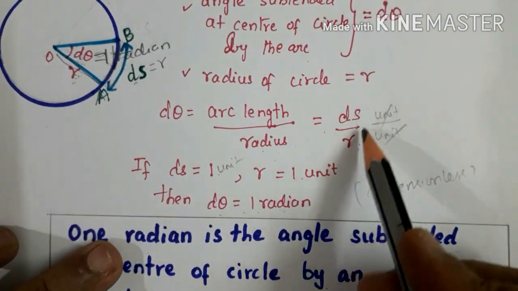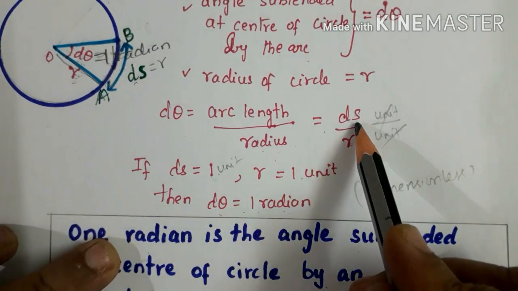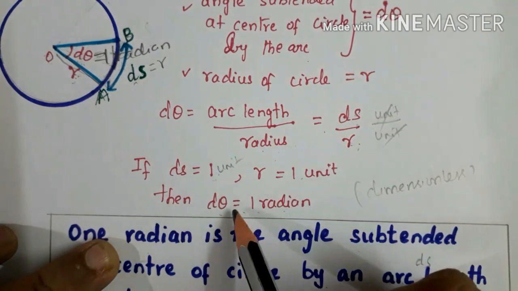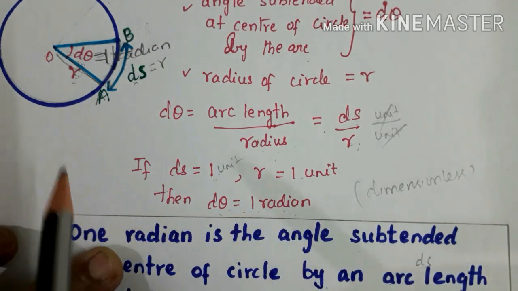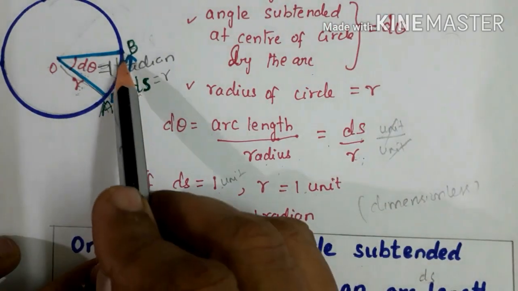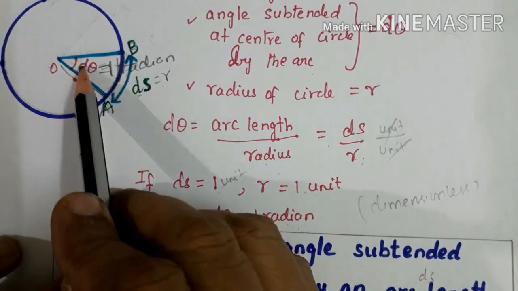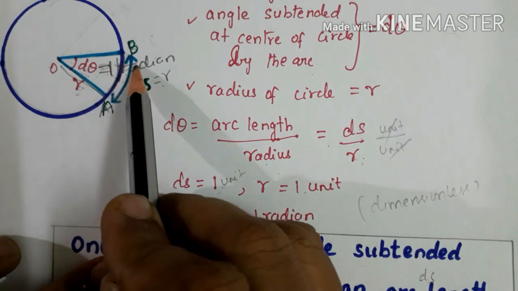If ds and r have the same value, say unit value 1, ds is equal to 1 unit and r is equal to 1 unit. Now what happens? d theta will be equal to 1 radian. What I mean to say is, when the arc length is equal to the radius of the circle, then the angle at the center of the circle we call 1 radian.